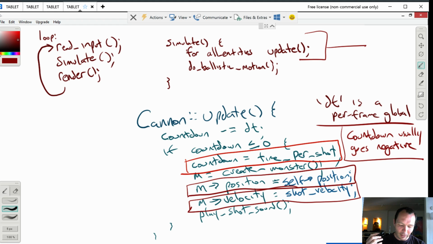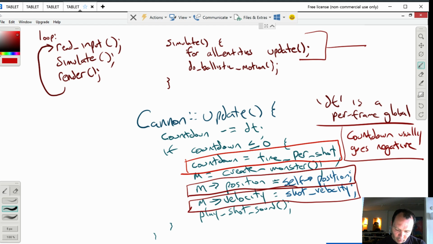Is it at the beginning of the frame? Is it at the end of the frame? That depends on what convention you adopt, essentially. Let's just say it's at the end of the frame because that's when maybe the player will see it, because we have to render after all this simulate stuff. It's debatable when this time is.